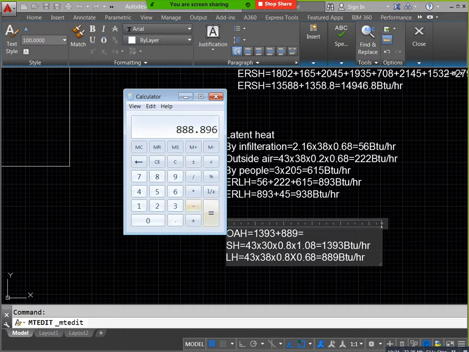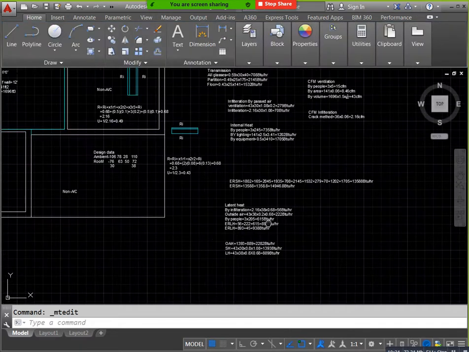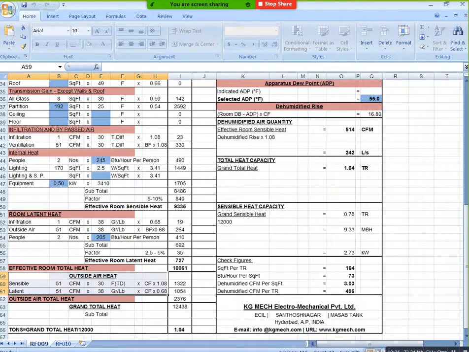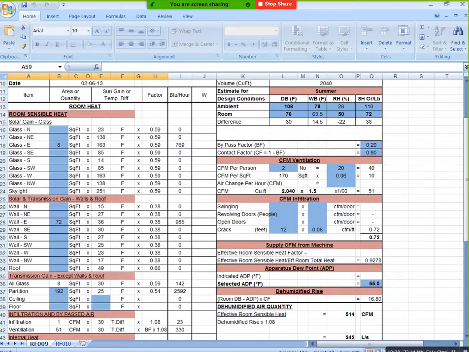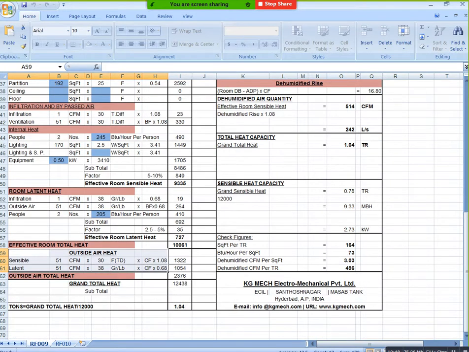In the E20 sheet we calculated our solar heat gain through glass, heat gain through wall, transmission, next infiltration bypassed air, internal heat, and room latent heat. We calculated the effective room heat. Next we need to add these three: room sensible heat, room latent heat, and outside air heat.